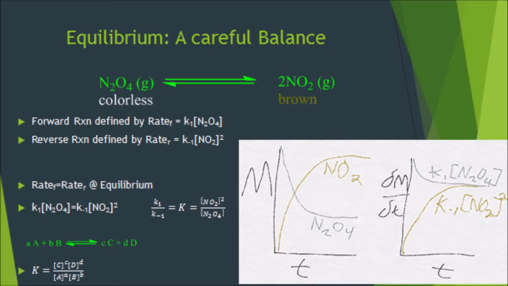If the rate of the forward reaction equals the rate of the reverse reaction, we can set the two kinetic expressions to be equal. At that point, we could solve for the rate constants of each one together, isolating them from the concentrations of product and reactant.